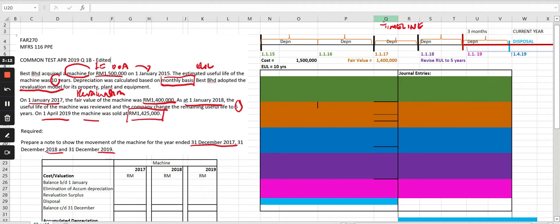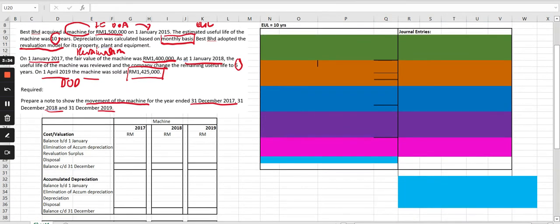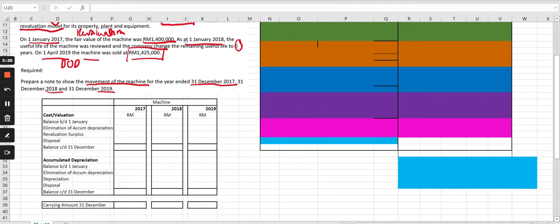And on 1st of April, this is the date of disposal. So you are asked to prepare a note, which is a PPE note, to show the movement of the machine, and this is for 3 years. I've edited the question, so I have included extra years, which is 2018.